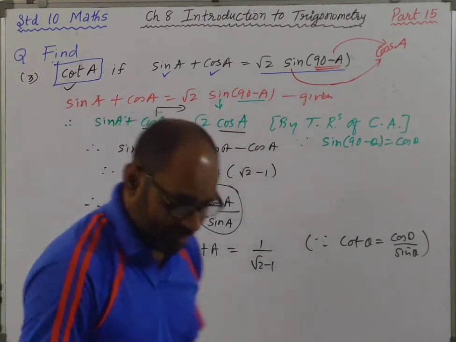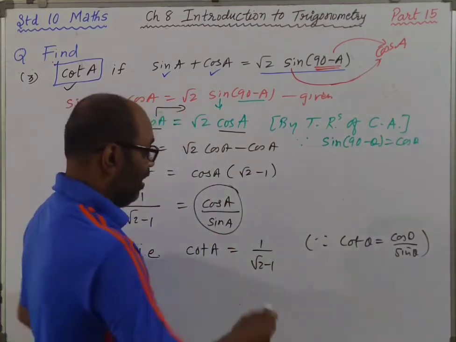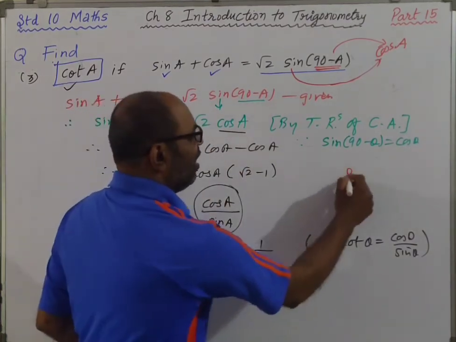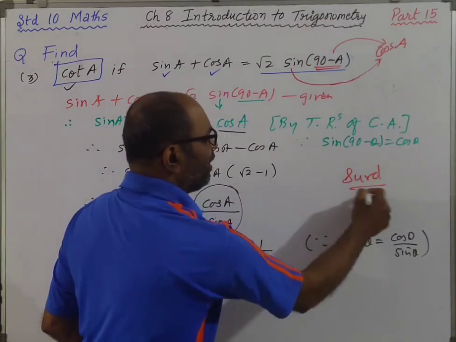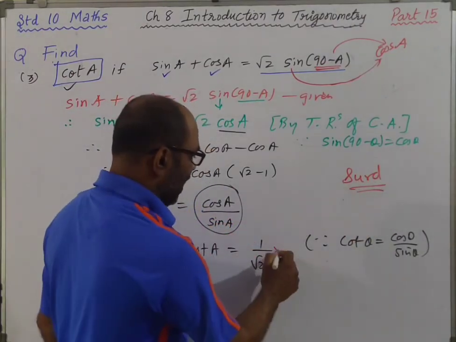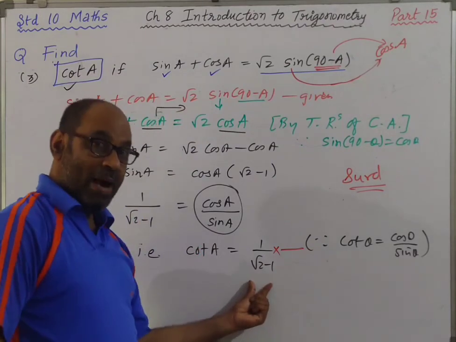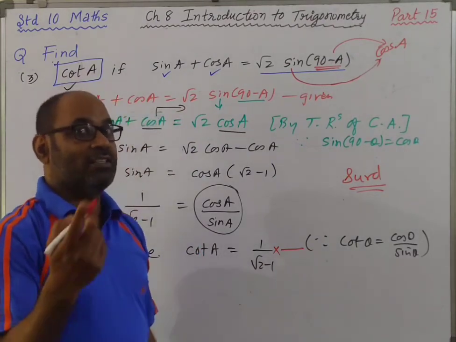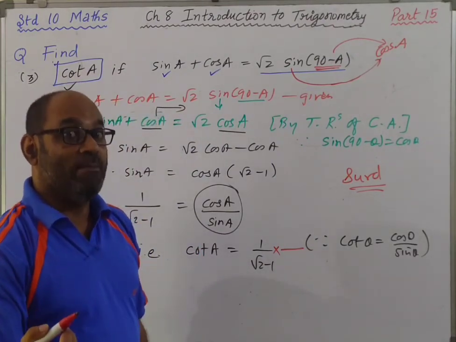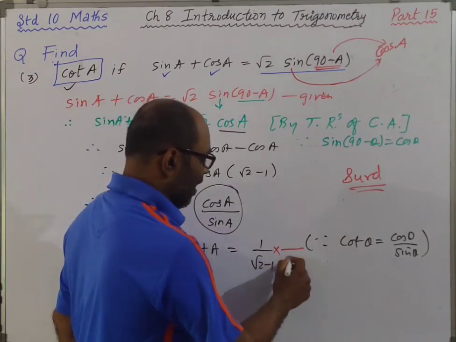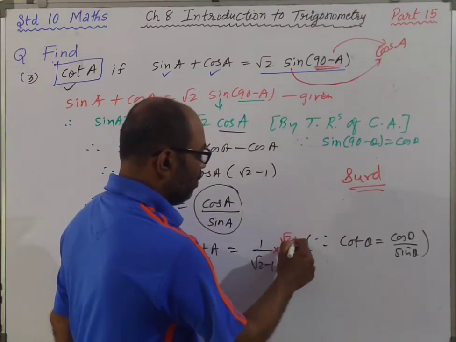Children, we do not want a root in the denominator. You should never have a root in the denominator, it is called a surd. So it has to be rationalized. It is of the form a minus b, so the rationalization factor is a plus b. Root 2 minus 1, so root 2 plus 1. That is equal to root 2 plus 1 on top, and the bottom is a square minus b square, root 2 squared minus 1 squared.